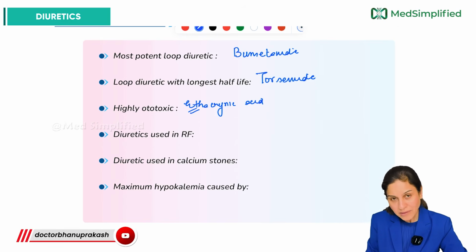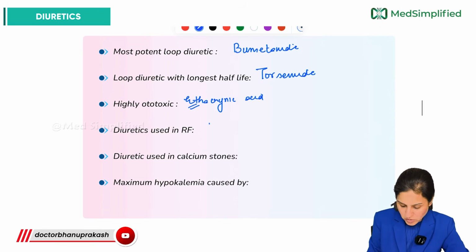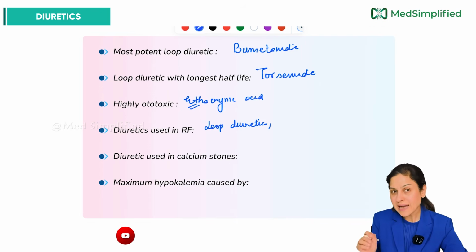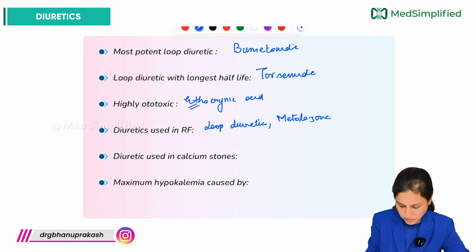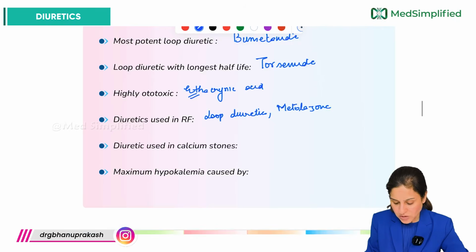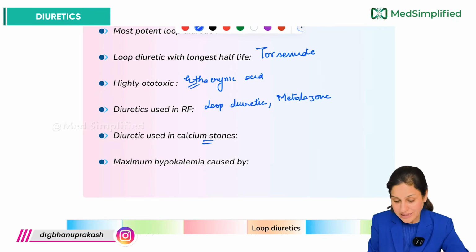Diuretics which can be used in renal failure. One, we can use loop diuretics. And the only thiazide which can be used is called metolazone. Thiazides are used in calcium stones. So these are the renal stones.